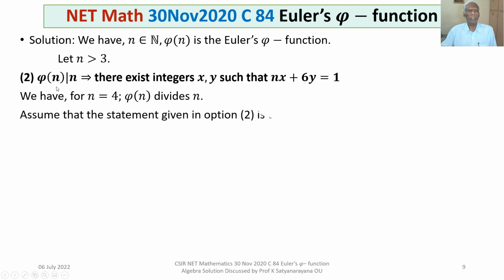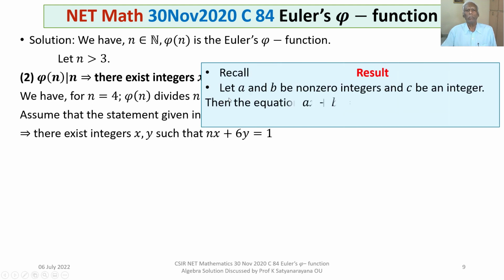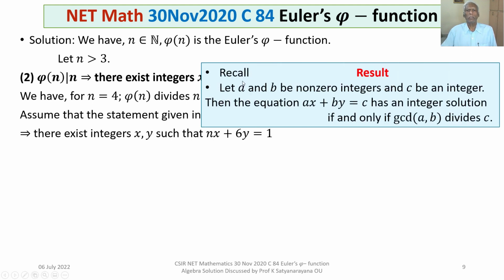So assume that the statement given in option 2 is true. This implies there exist integers x, y such that nx plus 6y is equal to 1. We recall a result from number theory.